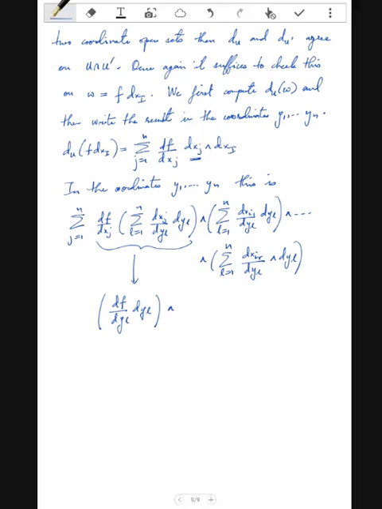So we get this whole expression above is equal to summation j equal to 1 to n, summation l equal to 1 to n dx_i1 by dy_l dy_l wedge, l equal to 1 to n dx_ir by dy_l.